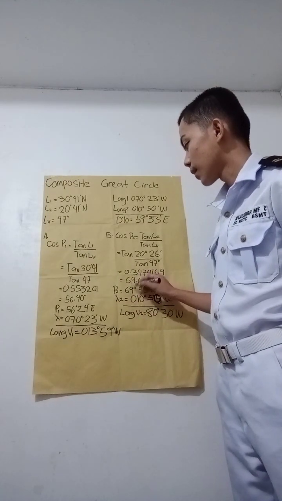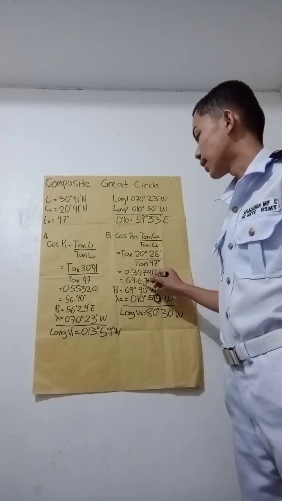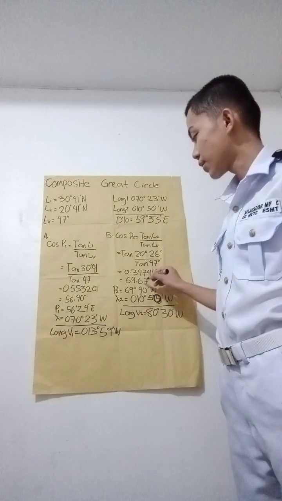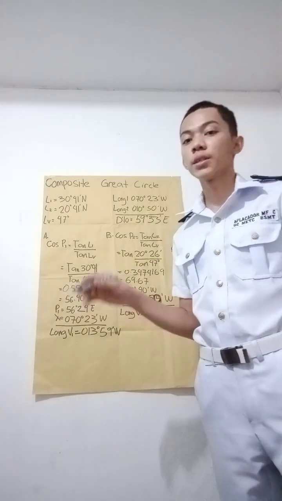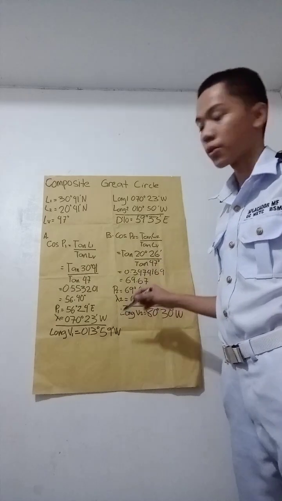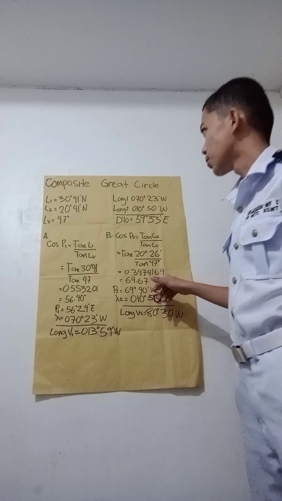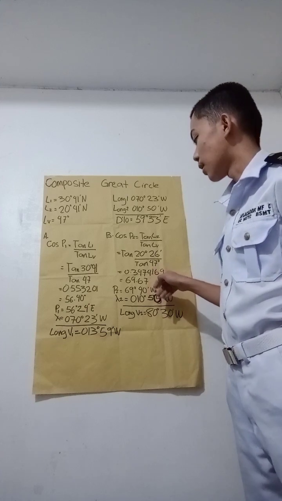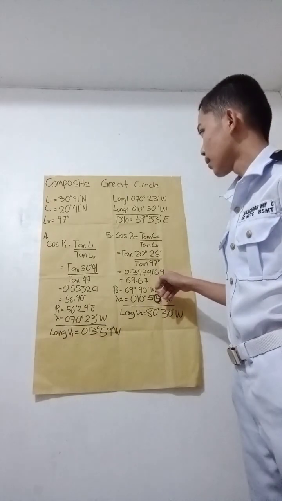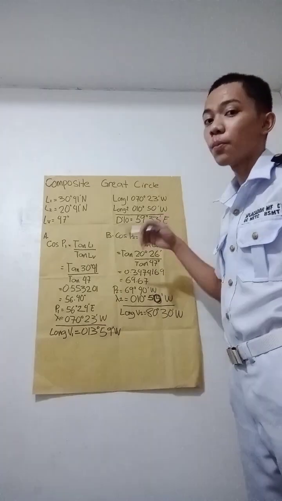So bring down the 69, then this 67 we need to multiply by 60. So 60 times 0.67 is equal to 40 minutes. Why west? According to the sign of the DLO, it is opposite.